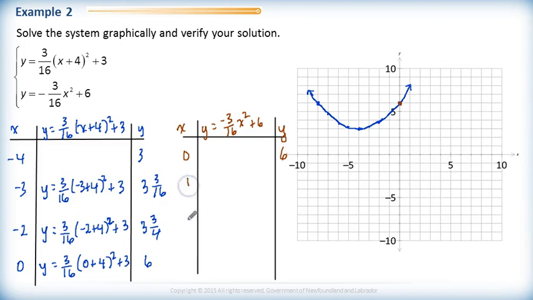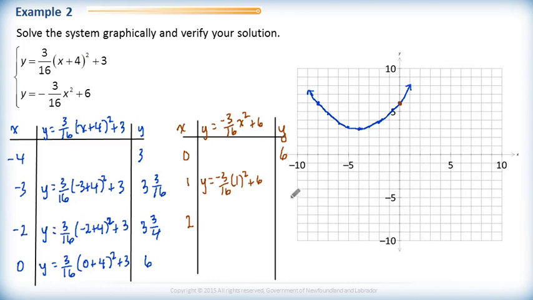Let's go with 1 and 2, put those values in. y equals -3/16 times 1 squared plus 6. That gives us -3/16, because this is only 1 squared, plus 6.